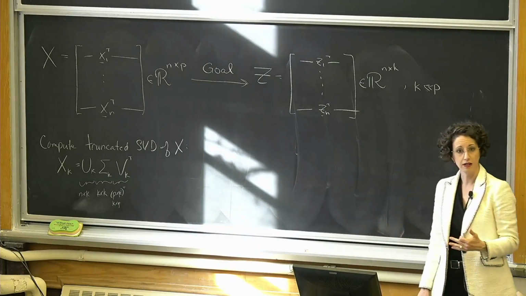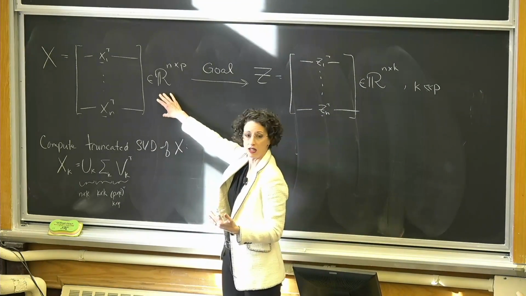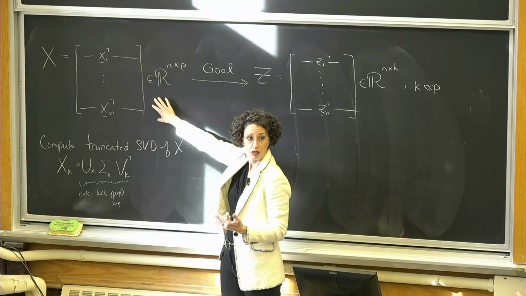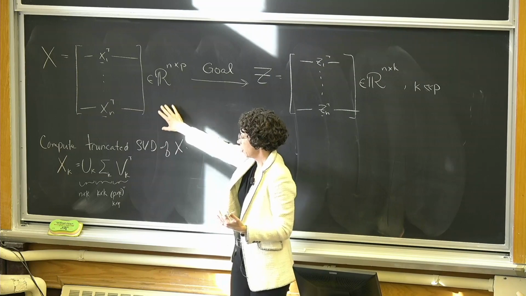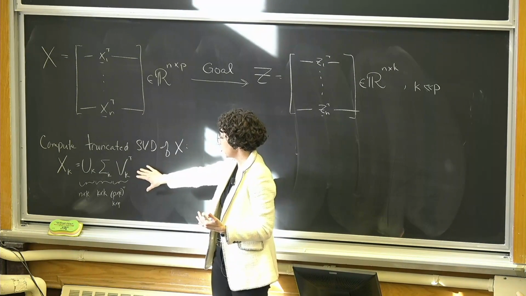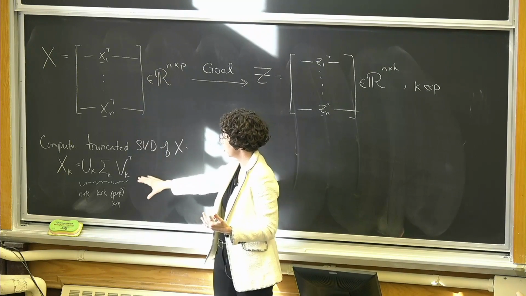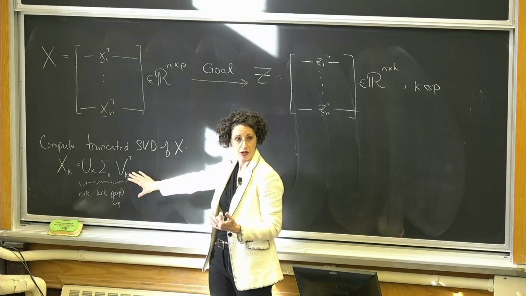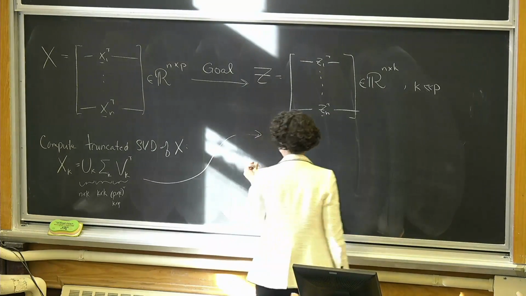Okay, so XK still has the same size as X. It's still N by P. So we haven't really reduced dimension yet, but this matrix XK now has all of its samples, all of these different rows, lying in a K-dimensional subspace. So let me write this over here.